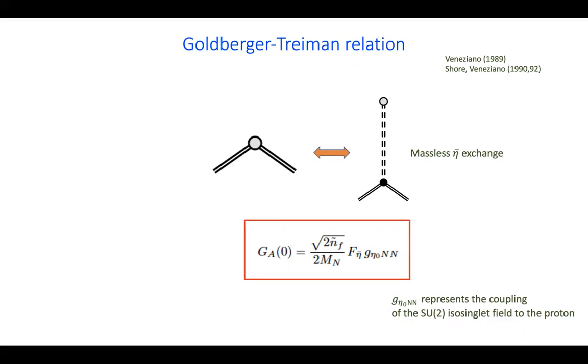This F is the decay of this eta bar to two photons, and then this is the coupling of the primordial eta bar, which is an SU(2) field, and it couples to the proton and to nuclei. This is the coupling here, and so there is such a contribution.